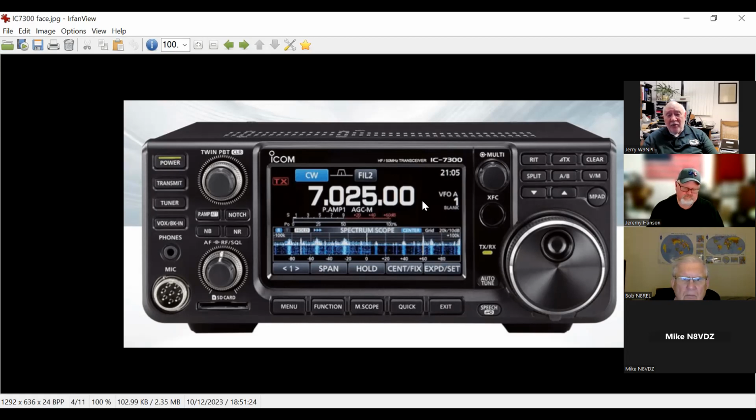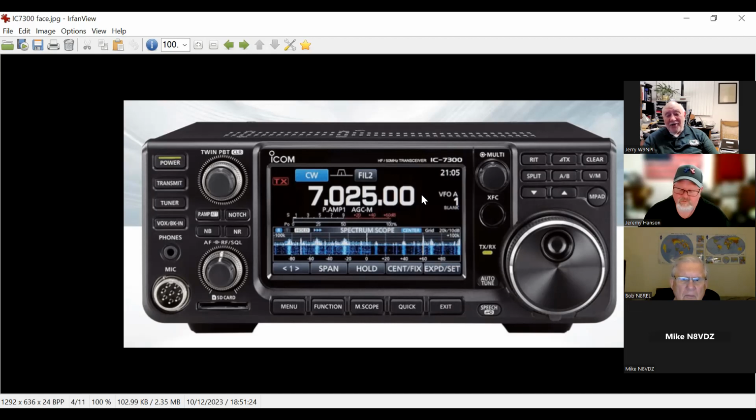Here too, when you're working rare stations, DX stations, if the guy is on one frequency, he doesn't want 200 guys calling him on the same frequency, because they keep on talking and talking when he wants to transmit.